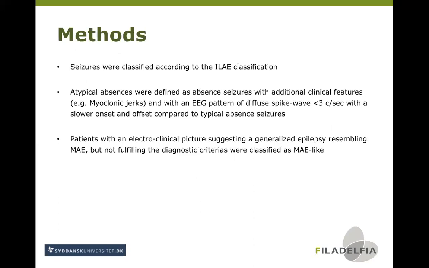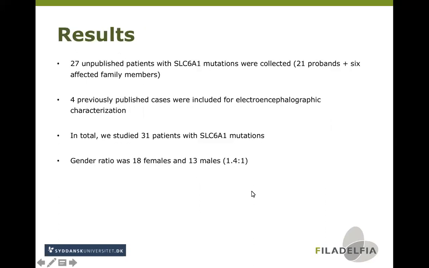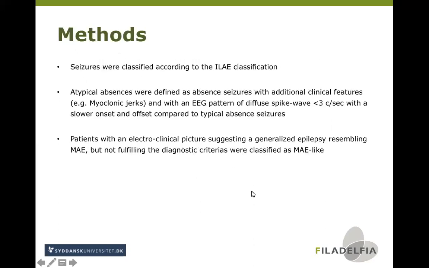The seizures were classified according to ILAE classification. So atypical absences were defined as absence seizures with additional clinical features such as myoclonic jerks, for example, and with this EEG pattern of diffuse spike wave less than 3 hertz, with a slower onset and offset compared to the typical absences.